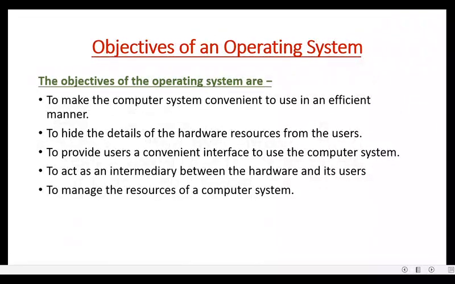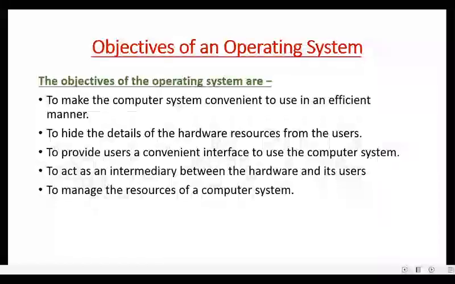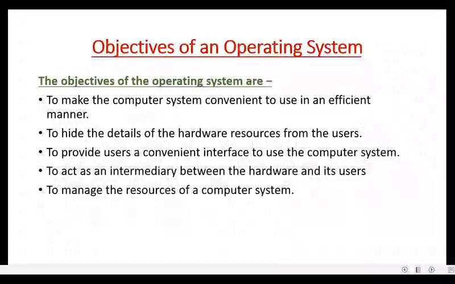Resources of a computer system. Suppose you are using a hard disk of about 1 TB, meaning 1000 GB, in your computer. Sometimes if the user is unable to manage all this space, he uses 1000 GB in the first drive, and if the operating system crashes, your computer needs to be formatted, and all the data stored in the 1000 GB will be deleted.